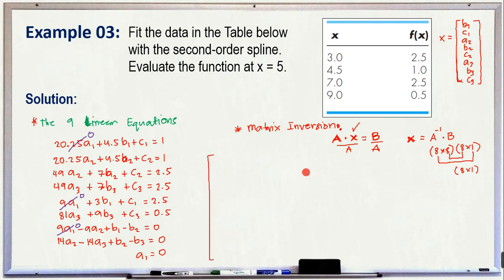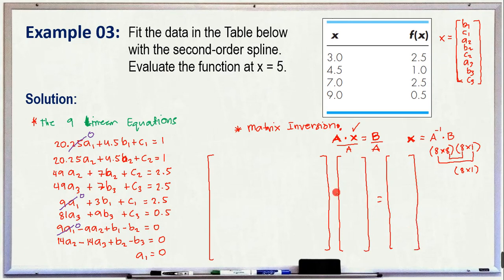So here is our space for A, this is our space for X, and this is equal to the column B. Again, to avoid confusion, we start X with B1, C1, A2, B2, C2, A3, B3, C3. Did you follow?